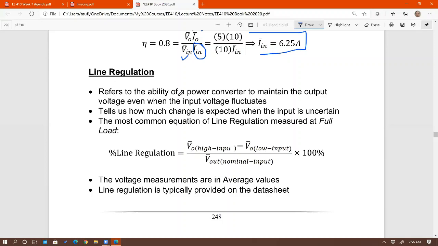Next, line regulation. It refers to the ability of a power converter to maintain the output voltage even when the input voltage fluctuates. So line typically means input, right? From the line, line means from the input.